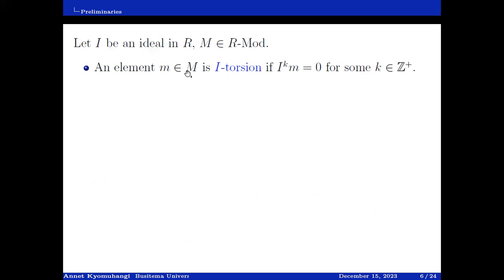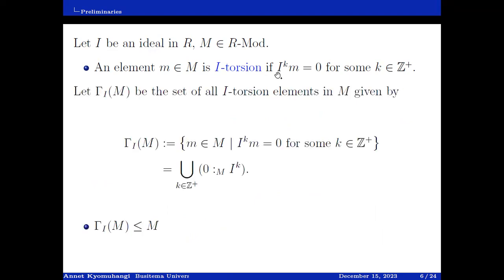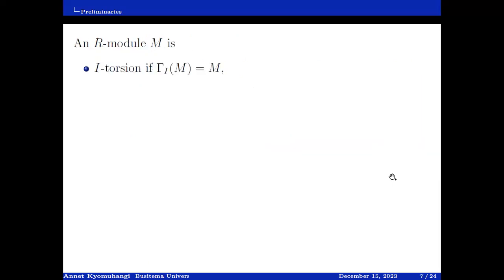We all know that an element of a module M is I-torsion if it is annihilated by powers of the ideal I. Taking the collection of these I-torsion elements of the module, we define what we call gamma_I(M), which can also be defined as the union of all those elements of the module that are annihilated by powers of I. So we find that gamma_I(M) is a submodule of M, and it can also be described categorically.